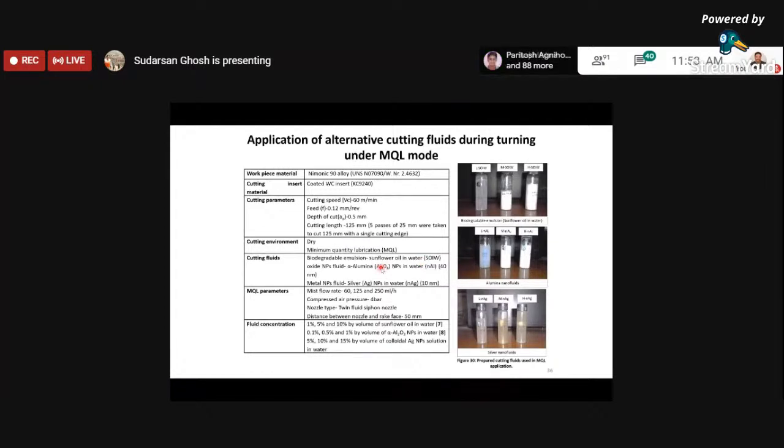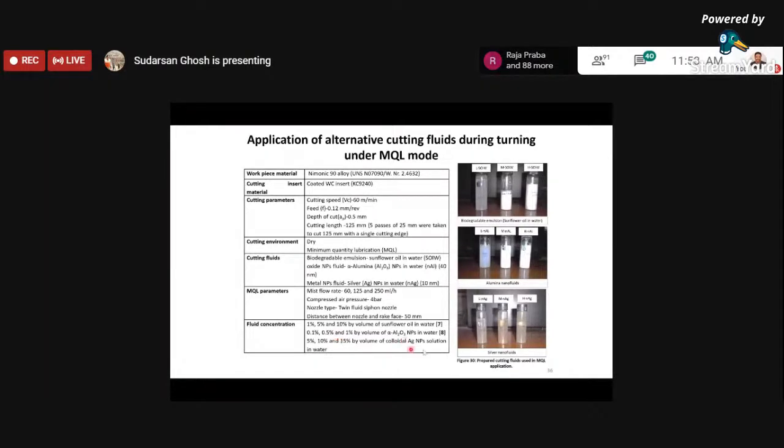Now the MQL parameters, we have used various MQL parameters. The air pressure we have kept a little bit on the lower side, and the fluid concentrations also we have changed. But for the alumina nanofluids, the volume percentage of alumina nanoparticles inside the deionized water is almost in the same range as we used for the grinding experiments.